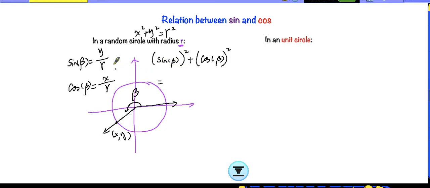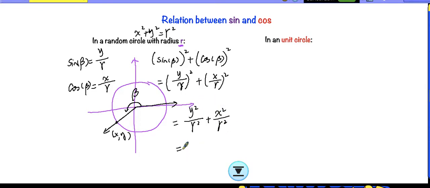Sine beta squared, basically this value gets squared, so it's y over r, squared. And this is x over r, squared. Let's simplify this: y squared over r squared, x squared over r squared. They both have the same denominator, so we keep them together and add the tops.